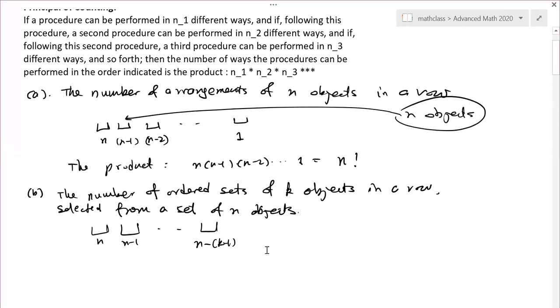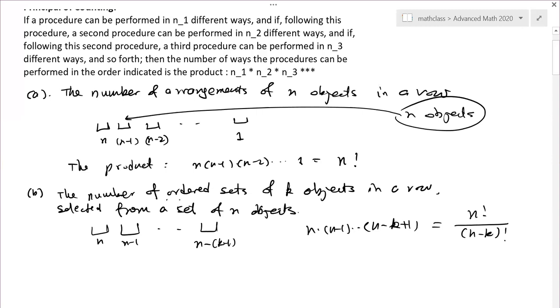So the answer will be the product of those numbers, n times n minus 1, down to n minus k plus 1. Now, how do you express this? This can be expressed in the simple form, n factorial over n minus k factorial.